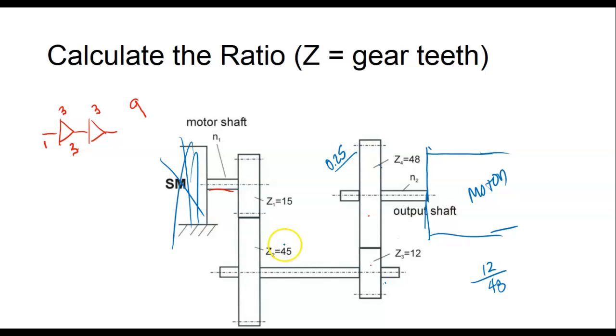Then over here, what would this be? Out, right? So here we're coming in here. So we're going 15 over 45. And what would that give me? So that means our mechanical advantage is going down, but our speed is going up, right? So what would be my mechanical advantage here?